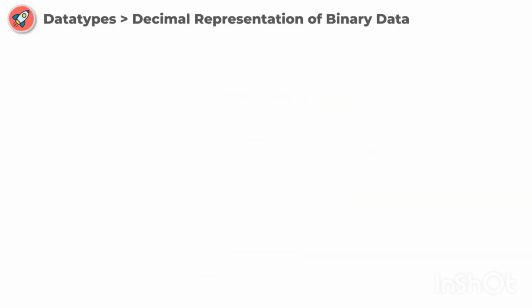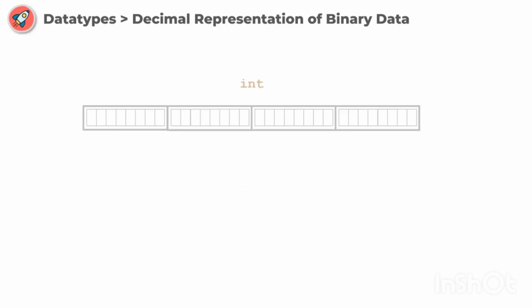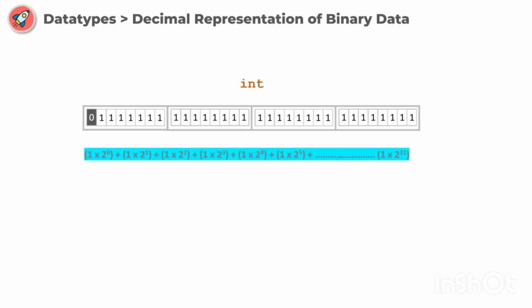Let's begin with calculating the limits of an int data type as an example. Here we can have a max value when all the bits are 1 except the sign bit, which should be 0. So if we apply the same formula to get the decimal value for each bit and then we sum it up, we see that it looks like a geometric series where A represents the first number, which in our case will be 1.